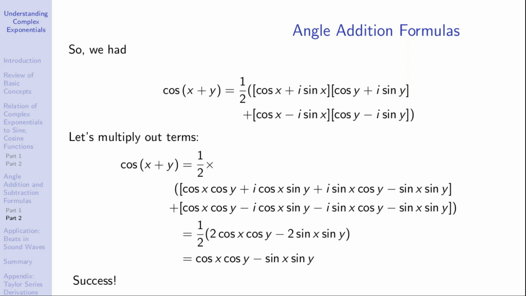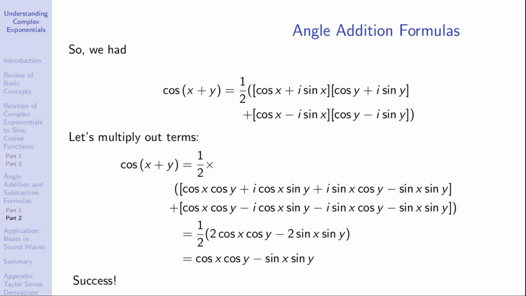And in the bottom line, we have minus i sine of x cosine y. So these terms will cancel out. And we can see that what we have left are 2 terms that go like cosine x cosine y and 2 terms that go like minus sine x sine y.